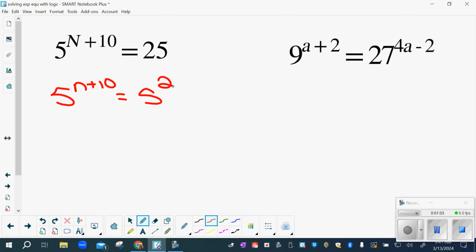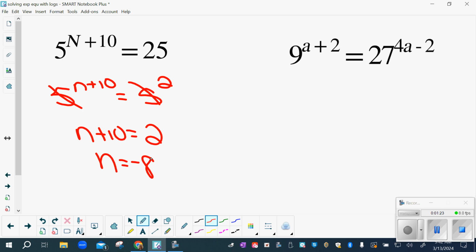Oh, we go the other way. 25 is 5 squared, and then you go bang, boom, n plus 10. N equals -8.